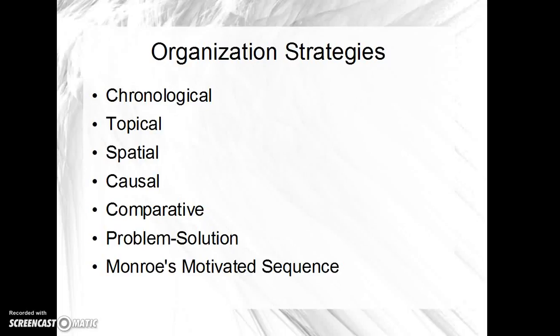The second type of organizational strategy is topical. So this one is highlighting natural subtopics or divisions within a speech topic. So this is something that you would use a lot of times where you have a topic like the one I was kind of talking about when you visited the Minnesota Zoo and talking about the different animals there.